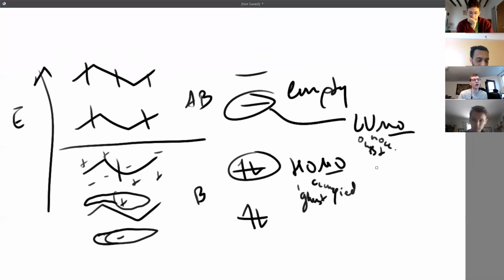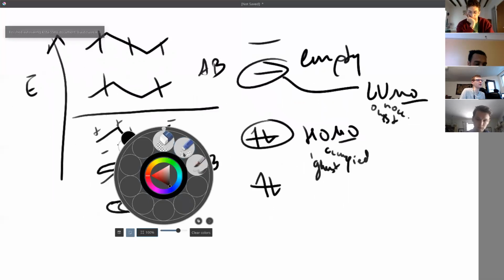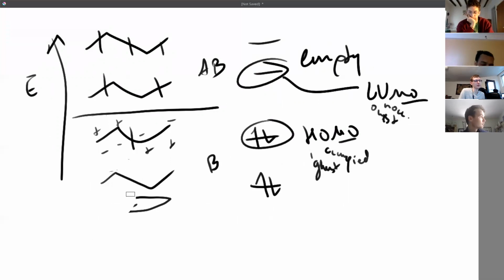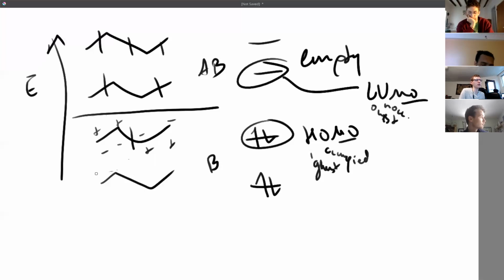Cool. Sorry, could you just explain on the very bottom line, you have 2 circles with a plus and minus, what those are? Yeah, I was just getting really lazy. So each of these will be like a plus on top, and each of these will be a minus on the bottom.